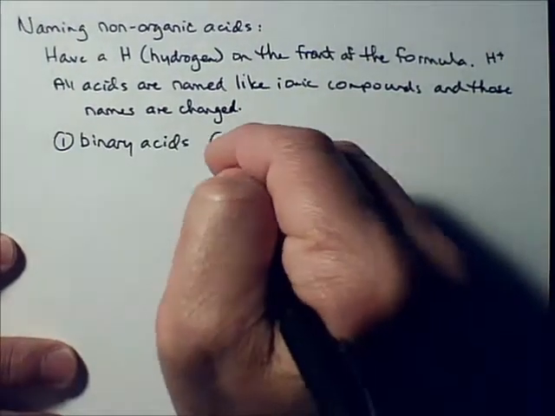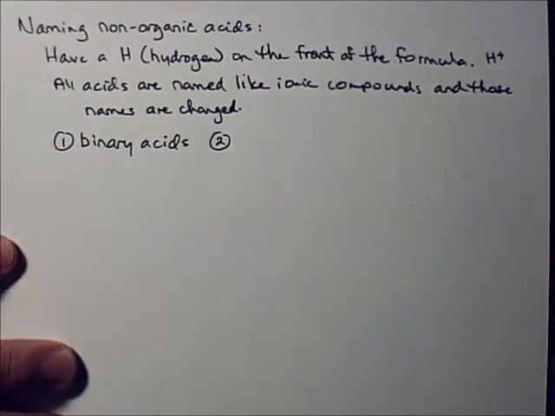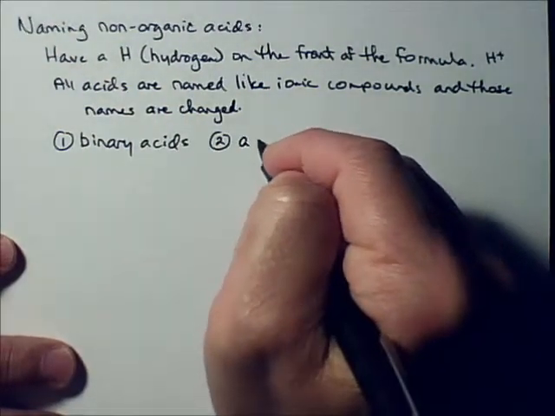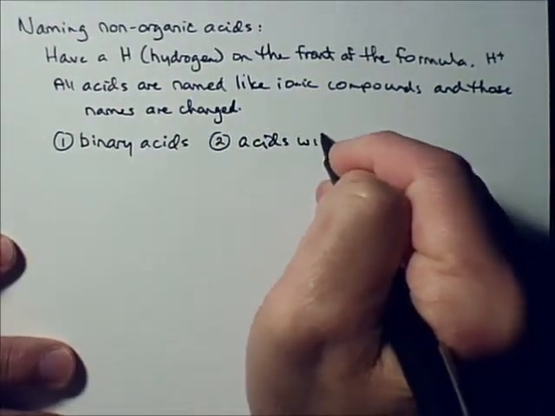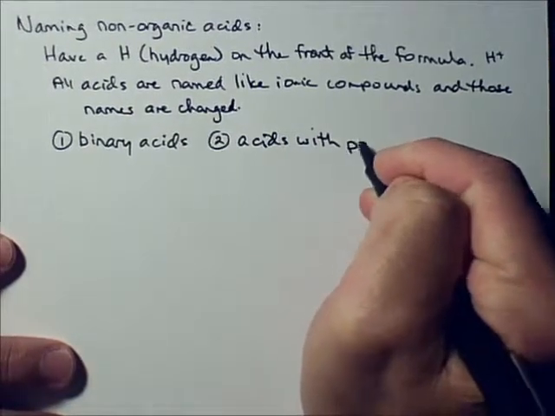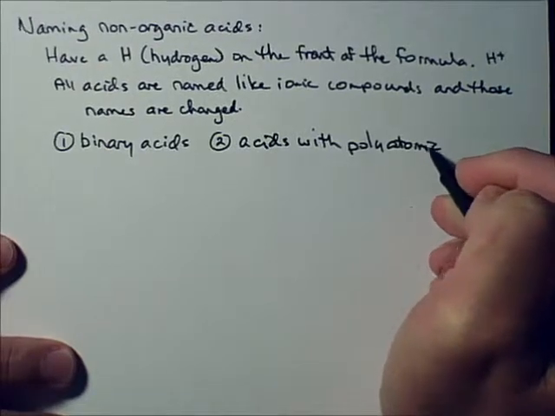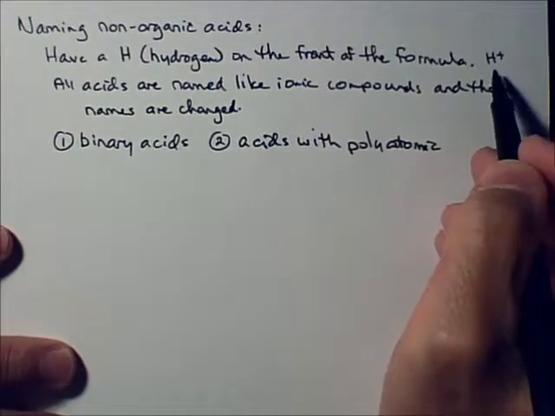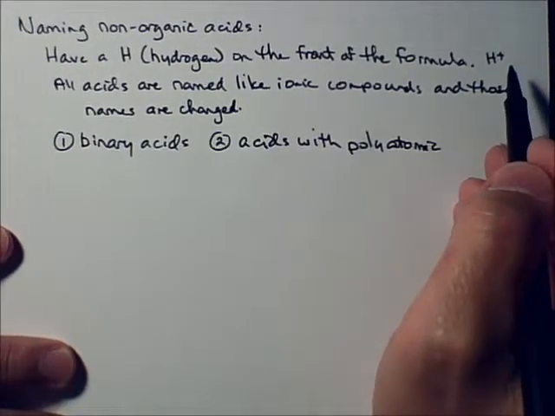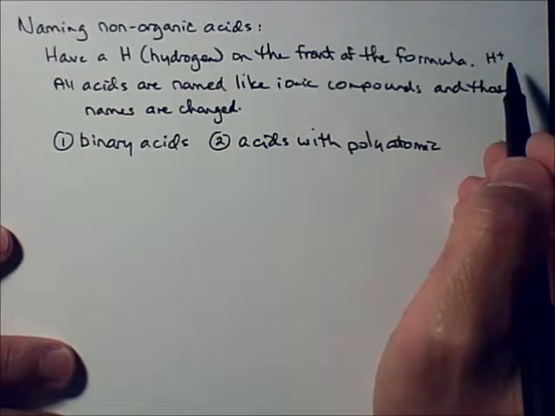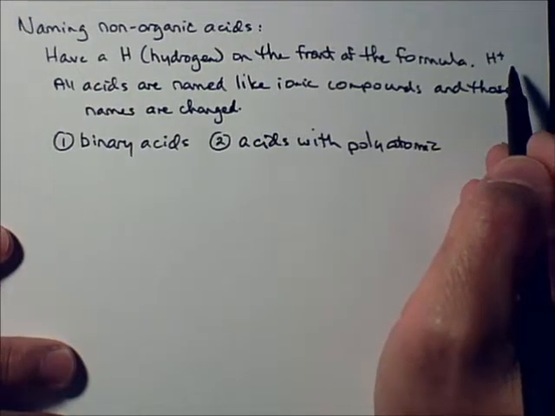Then the other class, for the purpose of naming, are acids with polyatomic ions. And specifically, since the acid has a hydrogen that's plus charged, what kind of ion does it have to be? No, this is a cation.